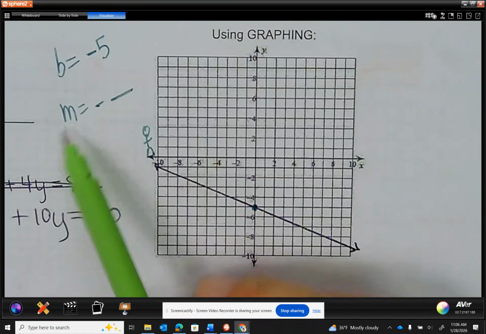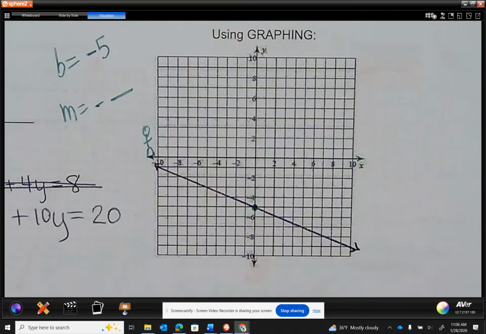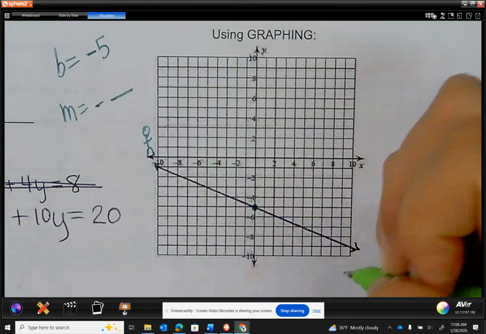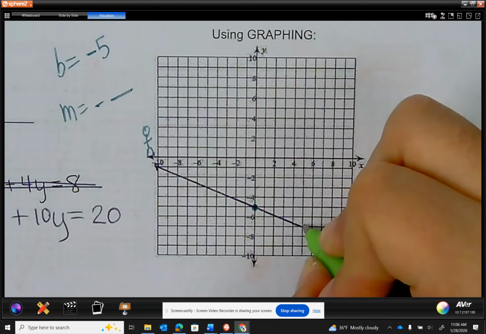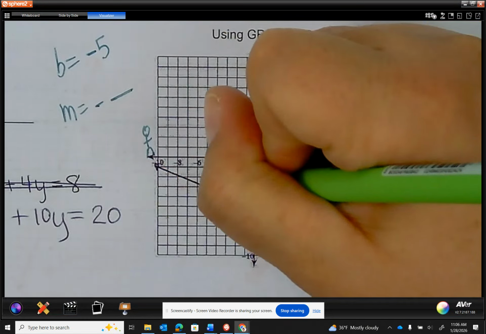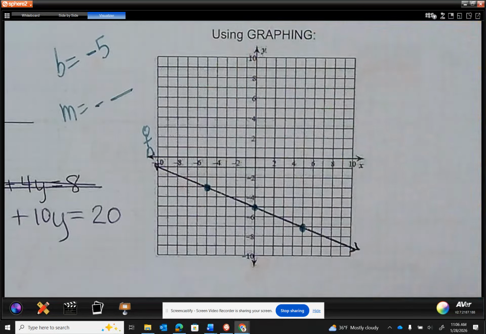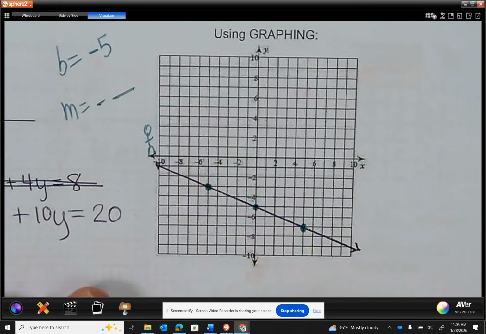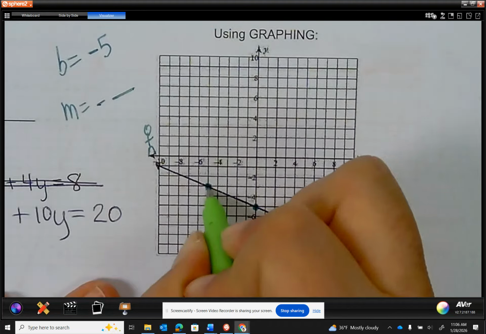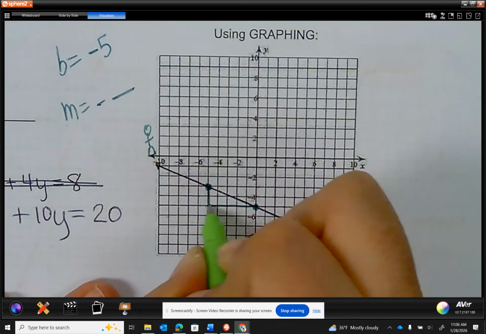To find the slope, I need one additional lattice point. And remember, it's exactly where it crosses the intersecting lines. So I have a point down here, or I have this point up here. Some students kind of wanted to do this point here, but it's in between. It's not a lattice point. I'm going to draw myself a slope triangle here.